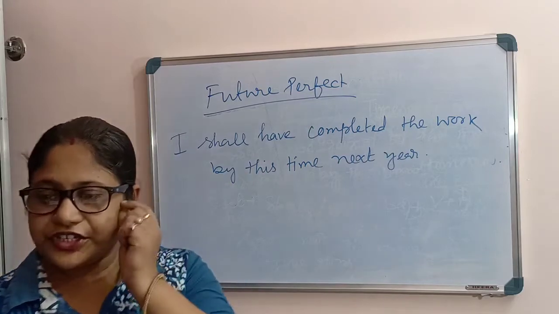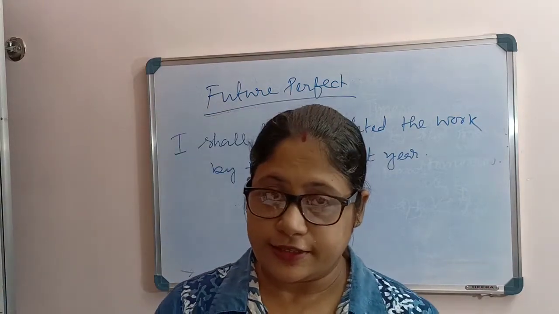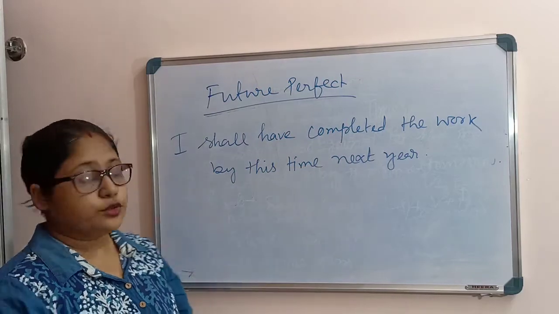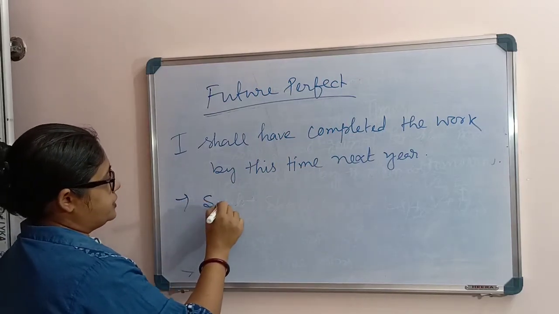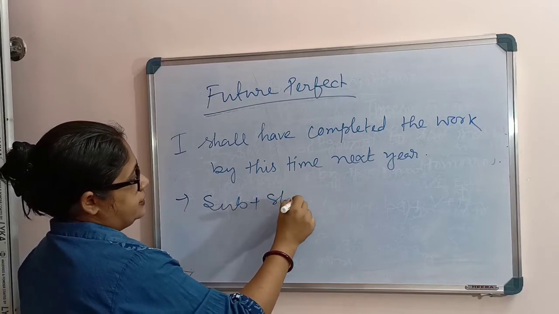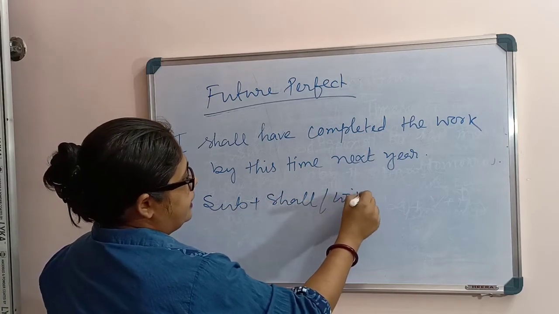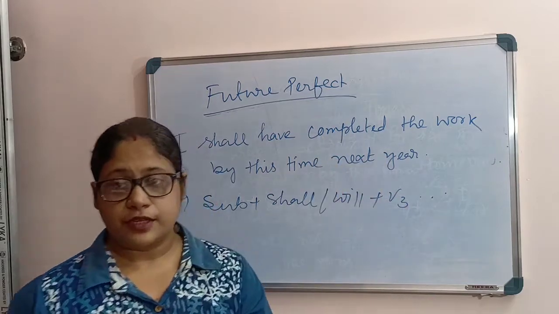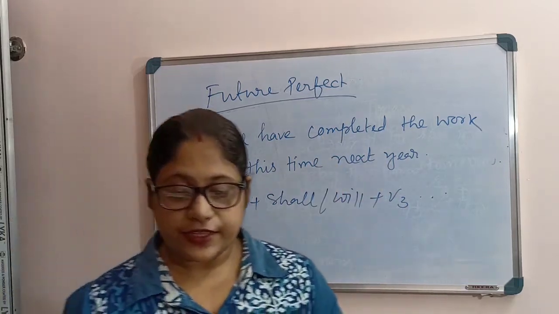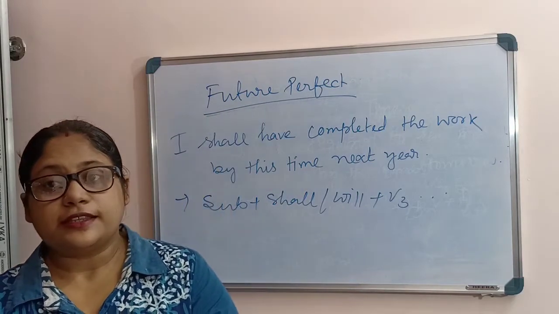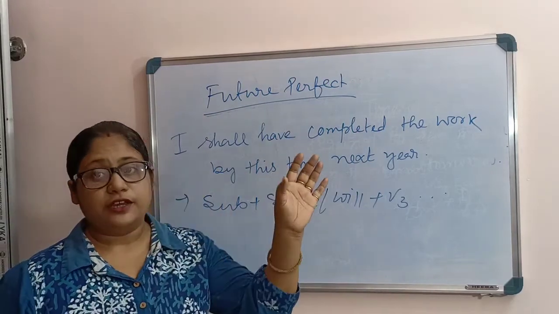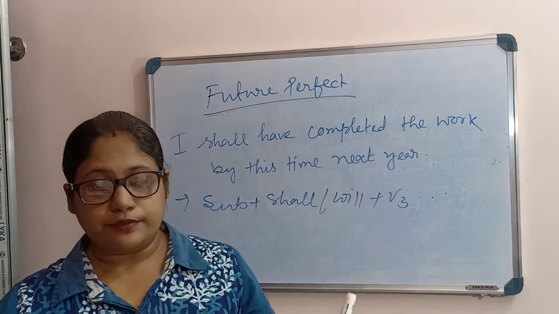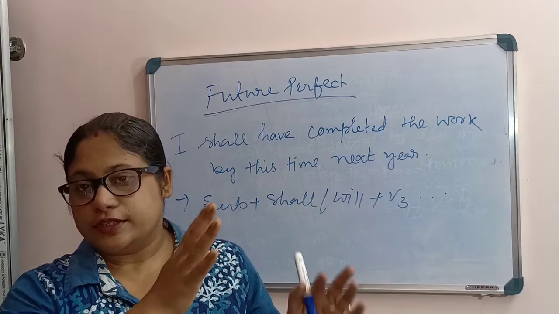Okay, I shall have completed this work by this time next year. So the sentence structure is subject plus shall or will, then V3, and then a certain period of time, which will make us feel that it is expected that in the future, at a particular time, certain work will have ended.